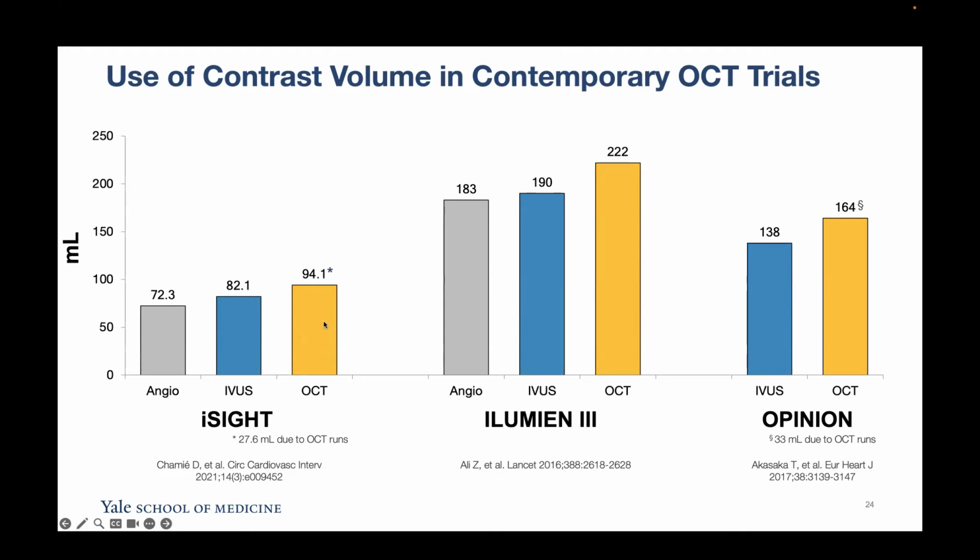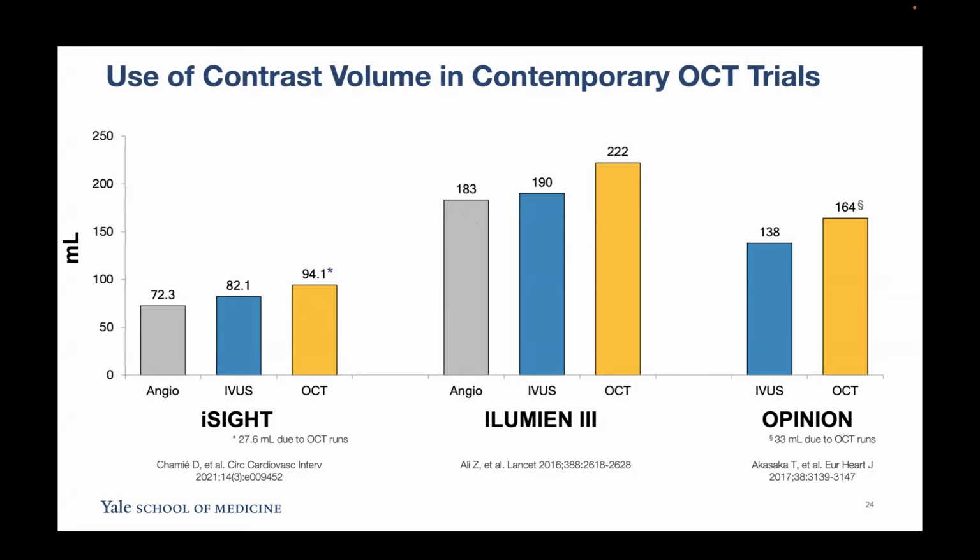If you take a look at the amount of contrast that we used for OCT-guided cases, which computes the entire volume for the case, plus at least 2 runs, the pre and post, plus the cases where you have some optimization and you do 3 or 4 runs, the amount of contrast that we dispensed to guide procedures with OCT is about half of what was used by angio in ILUMIEN III.